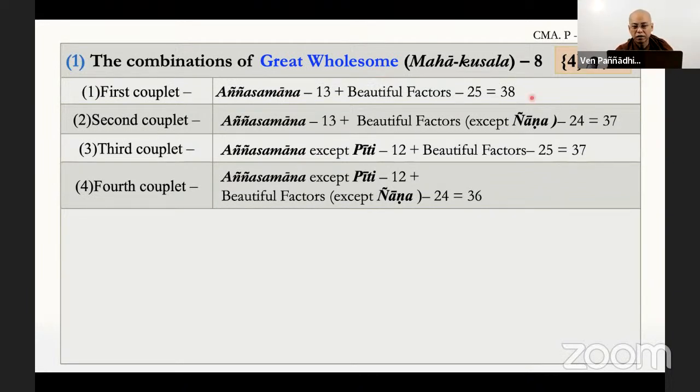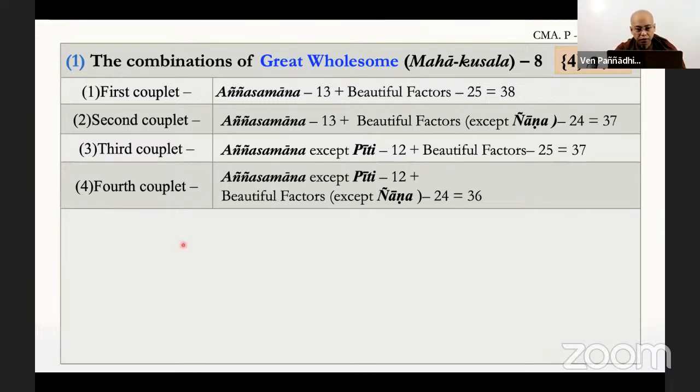First couplet, how many? 35, because only the 3 Viratis will be an exception, so it becomes 35. And second? 34. Third? 34. And fourth? 33. Yes, it's easy, you just need to keep the principle in your mind. That's all. If you try to remember, it is very, very difficult, easy to forget and complicated.